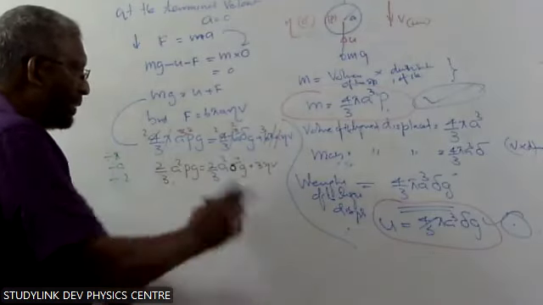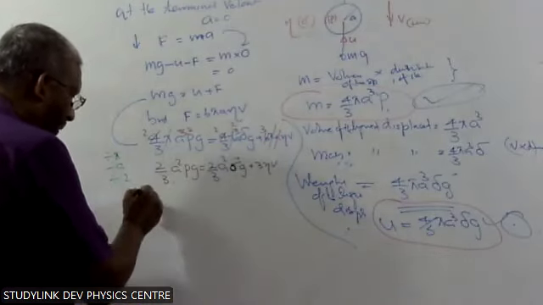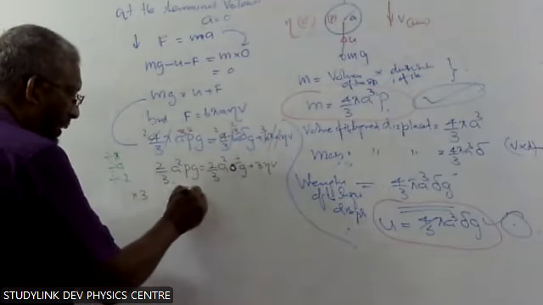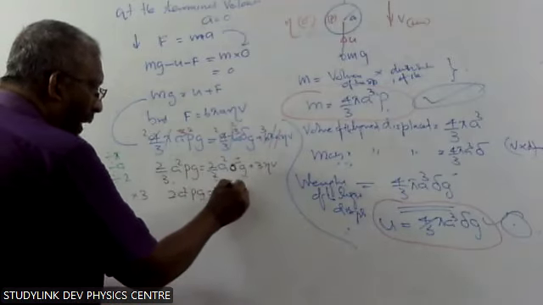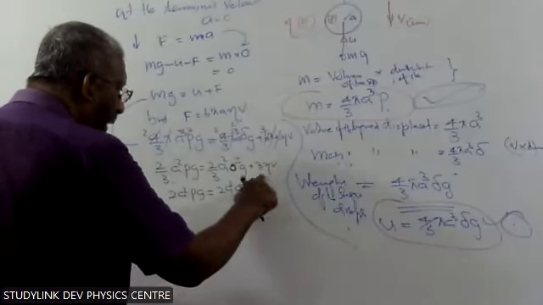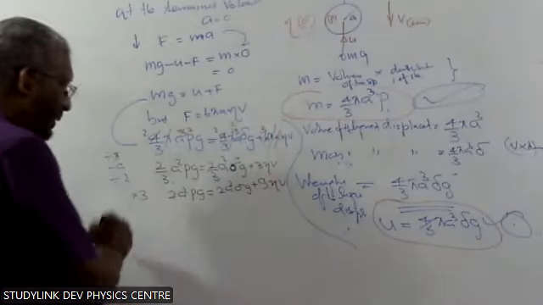I can multiply it by this 3. Then 2a squared rho g is equal to 2a squared sigma g plus 9 eta v. 3 into 3 is 9, 9 eta v multiplied by 3.